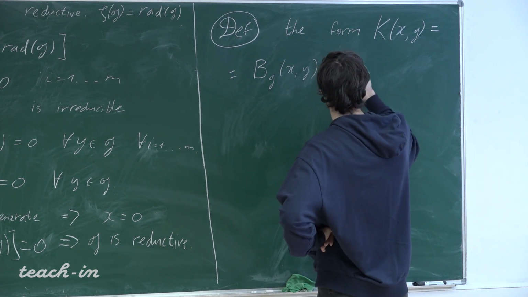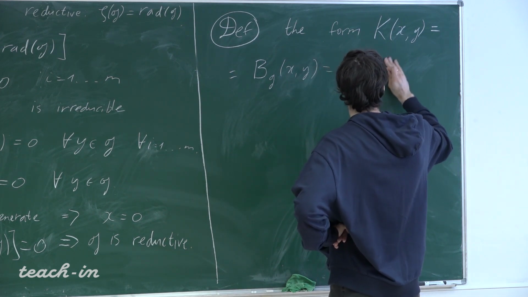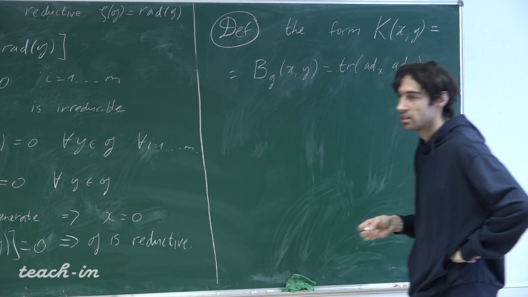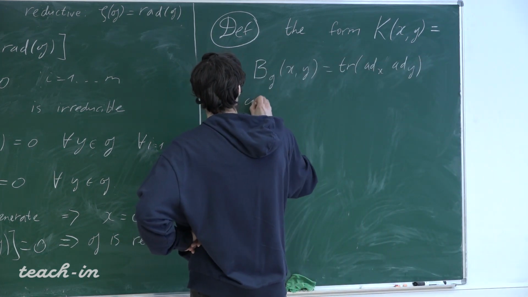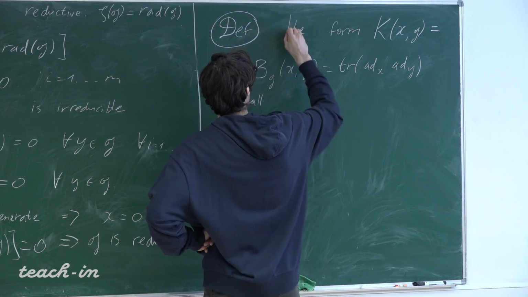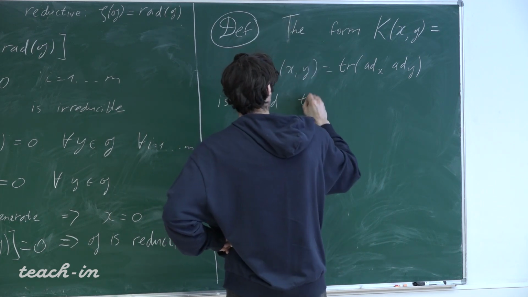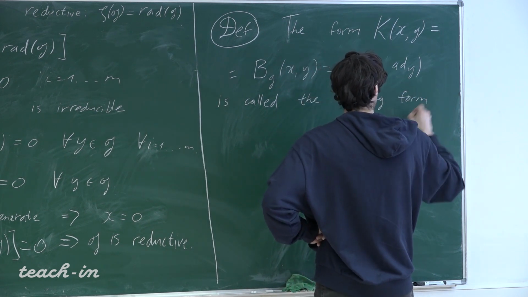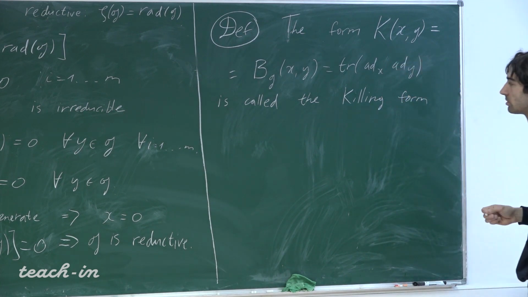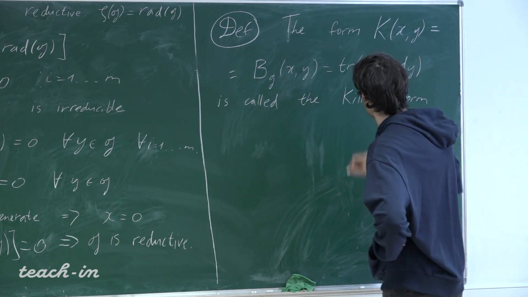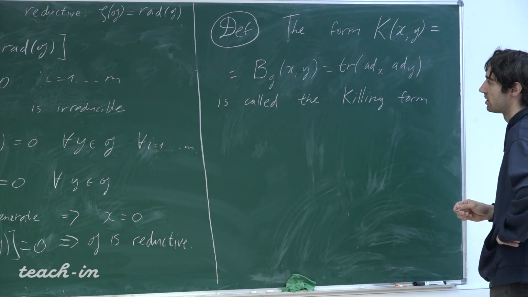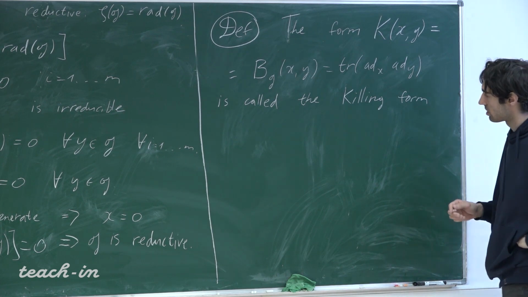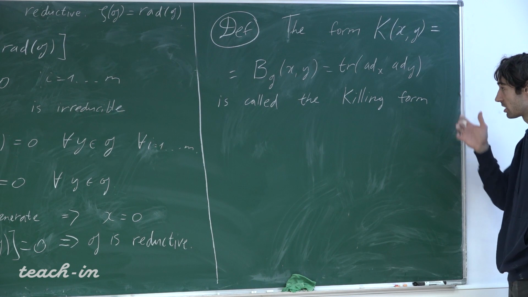So this is the trace of ad X, ad Y. It is called the Killing form. Right, so this is the Killing form.